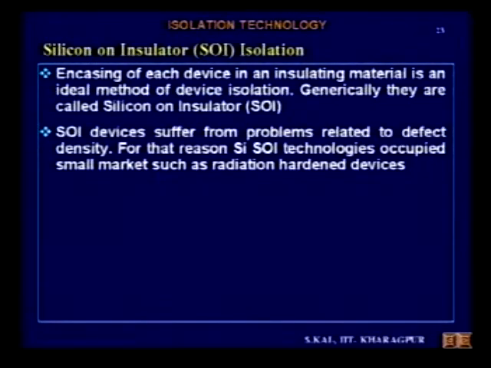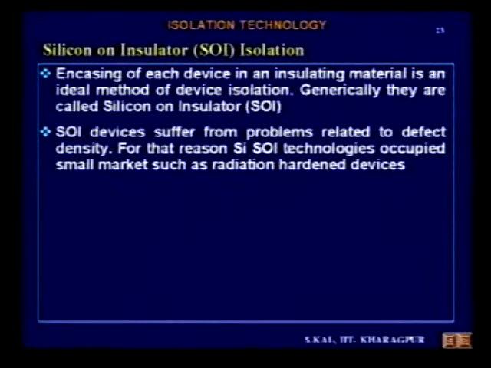Because of higher defects, the SOI technologies occupy a small market area, that is the VLSI chips which are used in a radiation environment. Rad hard devices are only fabricated using SOI isolation, because SOI has the advantage of radiation hardness.